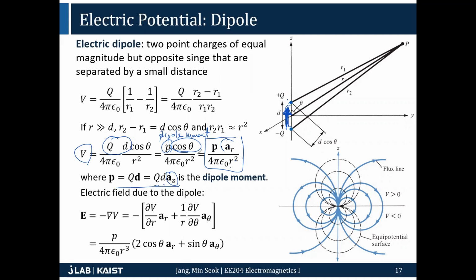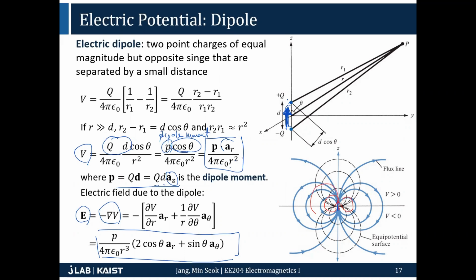Okay. And to calculate the electric field, you can just take the negative gradient of it, and you get this equation. And if you draw it, this is your dipole moment, and then your electric field looks like this.